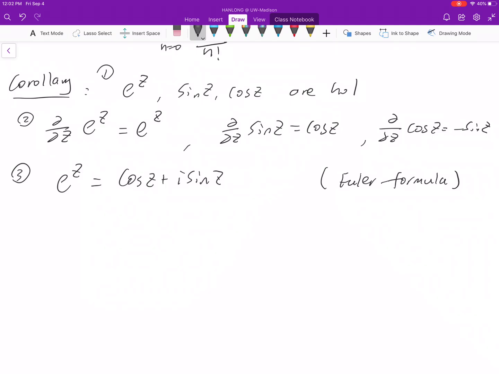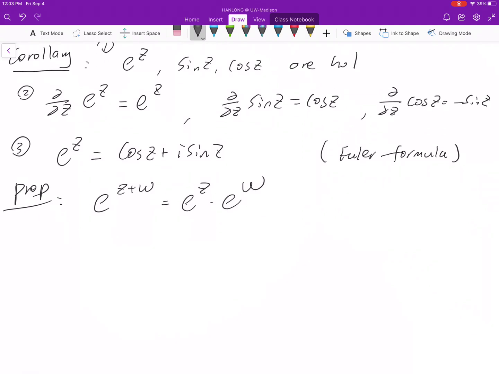Okay, and lastly, we have a proposition: exponential of z plus omega equals exponential z times exponential omega. Although for the real part, the definition is obvious, for the holomorphic function exponential, this is not so obvious, because we define the exponential function by power series.